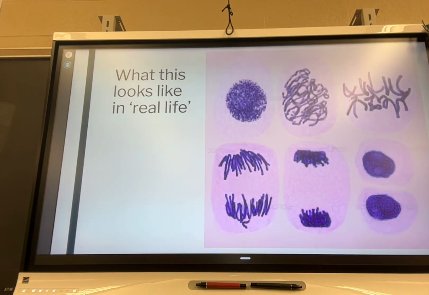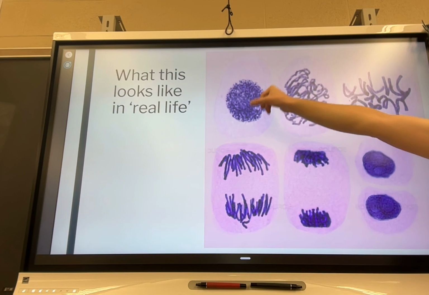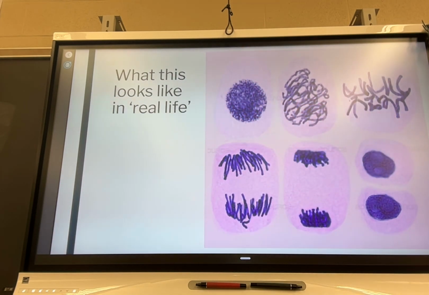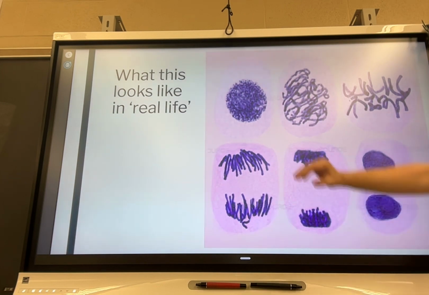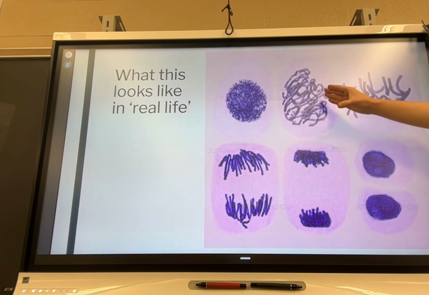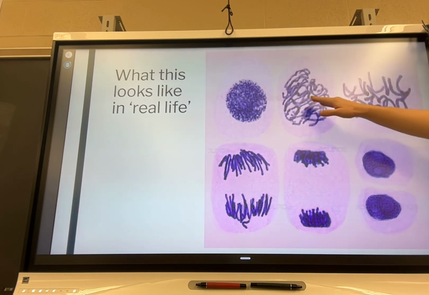So in real life, if I were to throw a couple slides under a microscope, this is what mitosis looks like under the microscope. So we have our first one. This is interphase. You can see that the nucleus is very dark, very filled in. It's full of chromatin, so you're not going to be able to see through it. But when we start to enter mitosis with prophase, you can see that it's all starting to clot up and form those chromosomes.